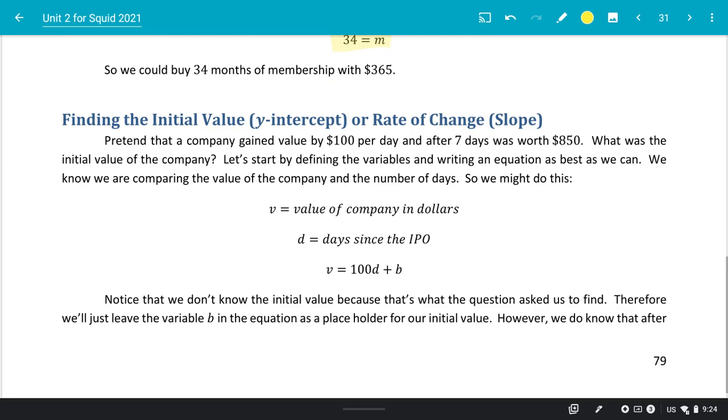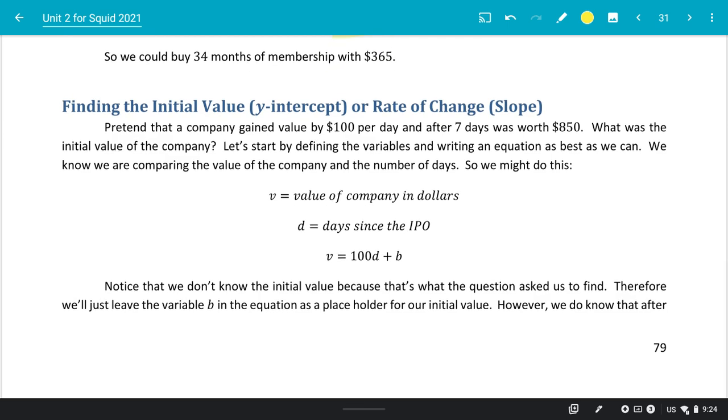Moving on. Finding the initial value, y-intercept, or the rate of change. Pretend that a company gained value by $100 per day, and after 7 days was worth $850. What was the initial value of the company?